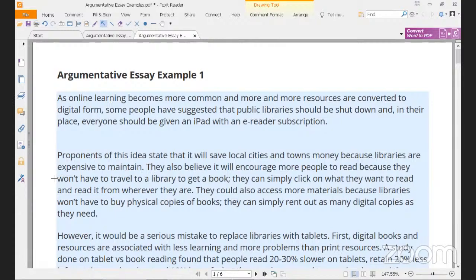And they said that some people have suggested that public libraries should be shut down and in their place everyone should be given an iPad. Okay. Yes. And it looks like our thesis statement is giving us that insight that perhaps we should lean more into the digital side. That's what the analysis is telling us.